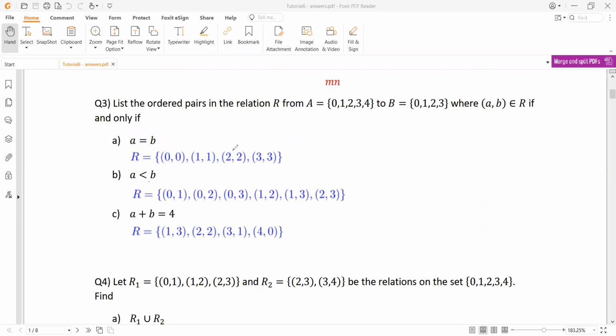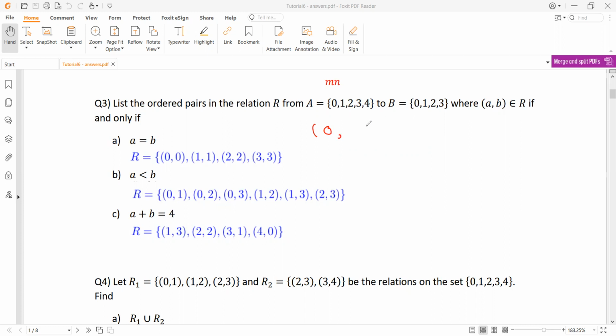The second condition is that element coming from set A, which is a small, is less than the element coming from set B, which is b small. So yes, I cannot pair 0 with 0.